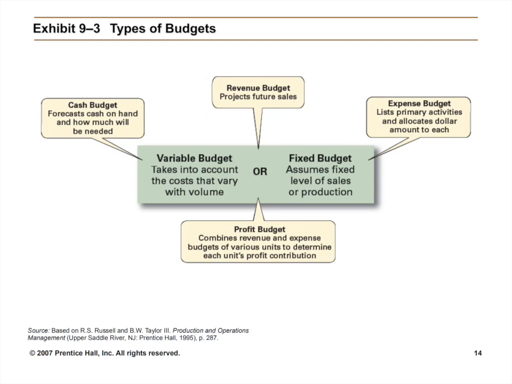Income is talking about the income of the organization. And then the expense budget lists primary activities and allocates a dollar amount to each that we have to spend on primary activities. And then the profit budget combines revenue and expense to make the profit. Okay, that is the types of budget.